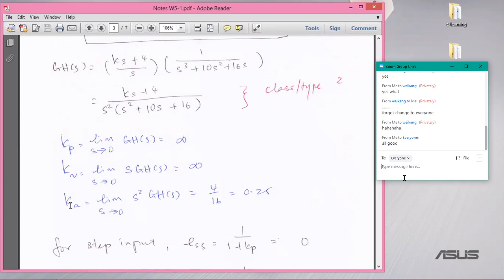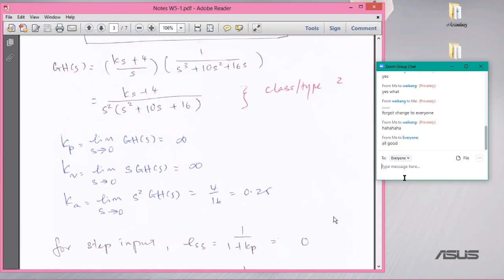But now Ka, the acceleration error constant, since you multiply by s squared, and you already have s squared in the denominator, that will cancel out. So when you take the limit as s approaches 0, all you have is 4 divided by 16. So the acceleration error constant is equal to 0.25.